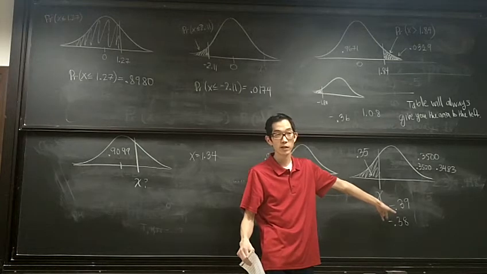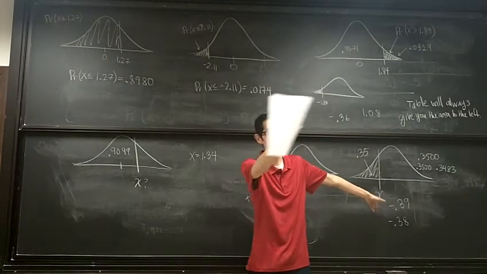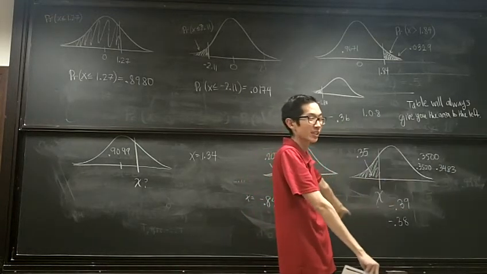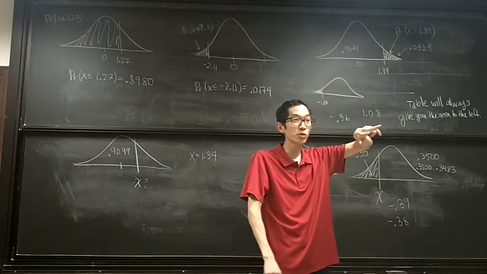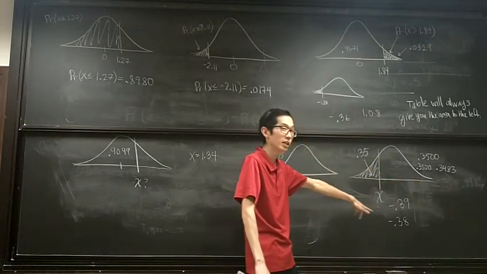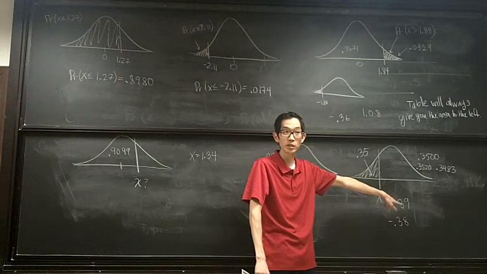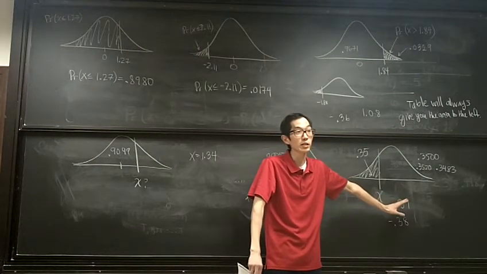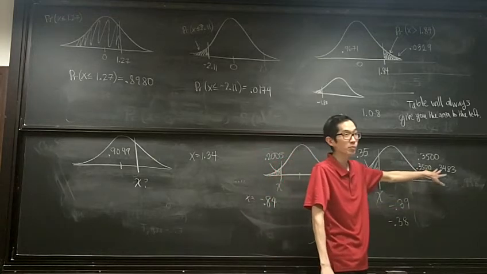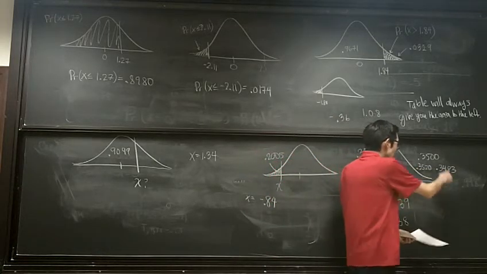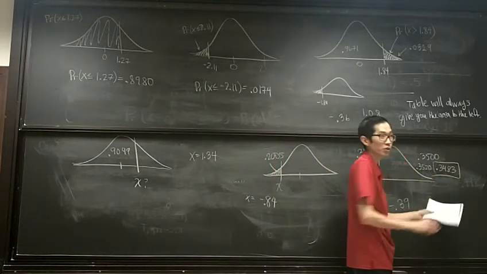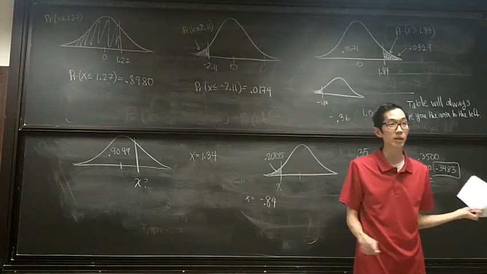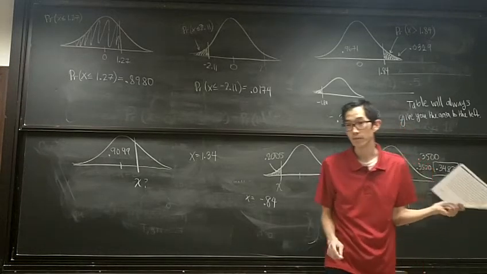I want to make sure everyone does. That's how I got it. Between these two numbers, this number is closer, and it corresponds to negative 0.39. So that's how I got negative 0.39.